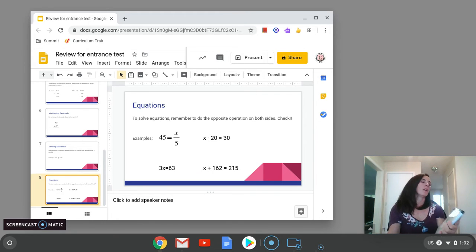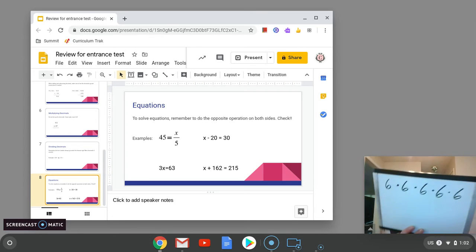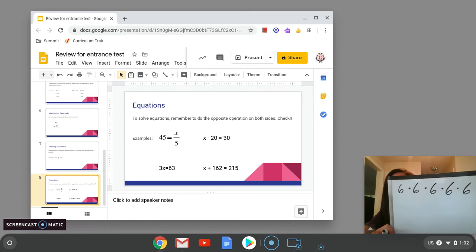All right. There's one quick thing I want to talk to you about. On the placement test, it's going to tell you to write something to the effect of this. It's going to tell you to write something like this using exponents. Okay, so remember with exponents, it's just telling how many times we are multiplying something, right?